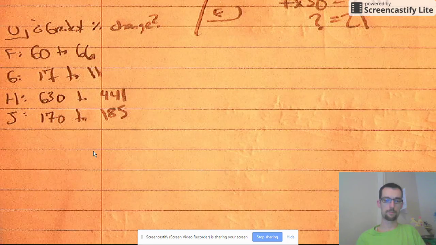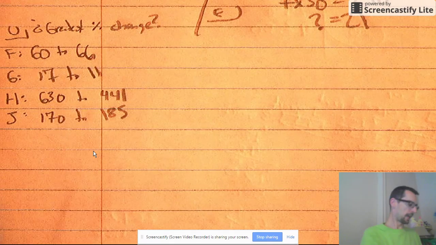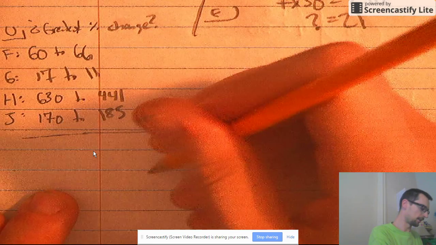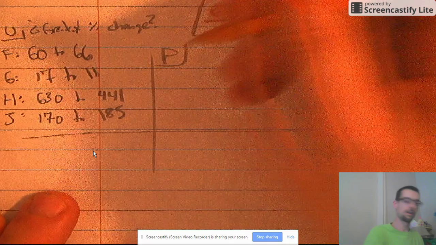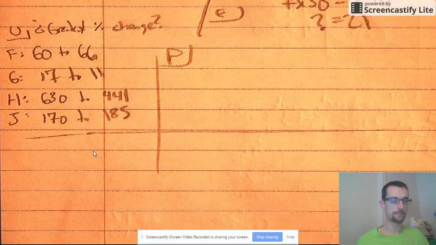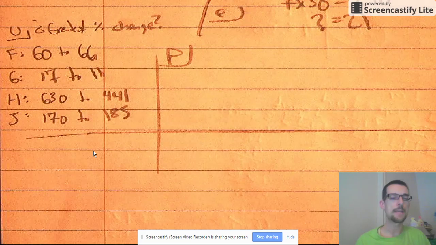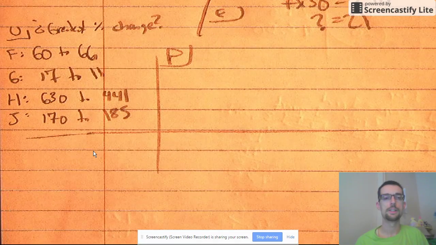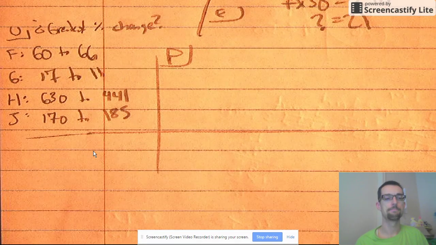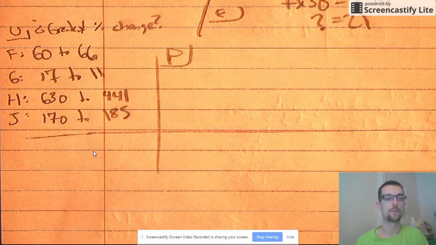Okay, so here's what I'm going to do. My plan. How am I going to do this? Going through my mind right now as I'm thinking percent change: bar models might be good, ratio tables would be good. It's going to be a lot of work, though, because you have to do it 4 times.